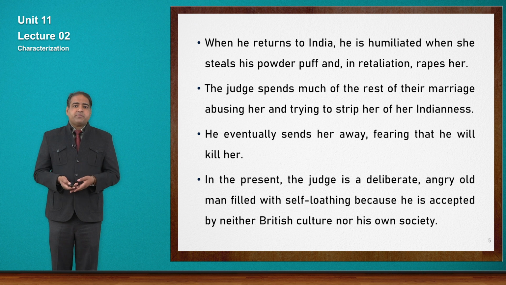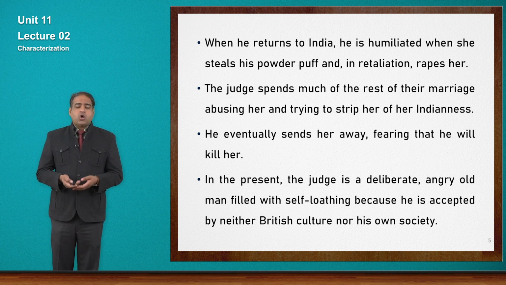He is neither accepted by British culture nor his own society. Why? Because Britishers ignored him and he ignored Indians. So, there is no point in not making a healthy relationship with either of the communities.